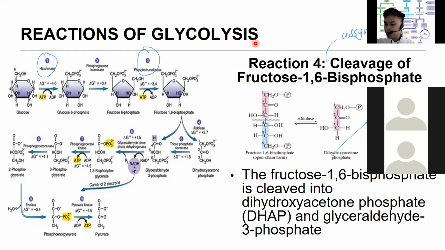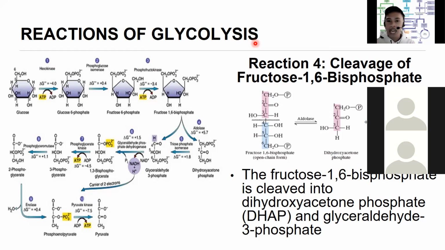So among the products produced in step 4, always remember, only glyceraldehyde 3-phosphate can proceed to glycolysis. Do you follow? So duha man kabuo yung product. It can produce dihydroxyacetone phosphate and glyceraldehyde 3-phosphate. So only glyceraldehyde 3-phosphate can proceed to the reaction.